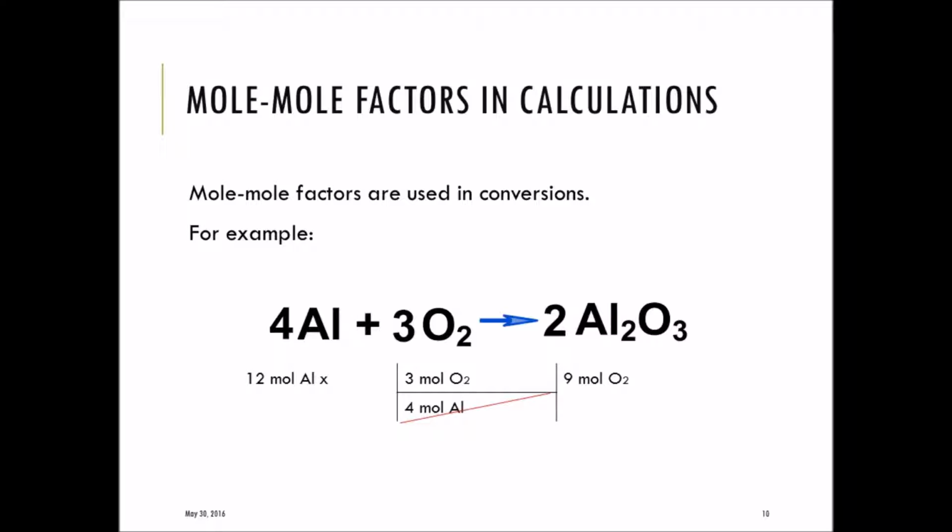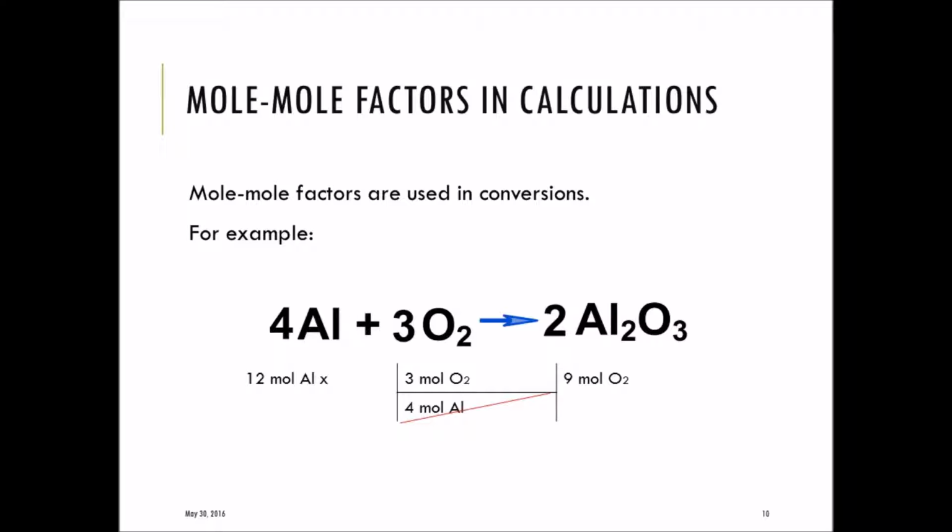In this case, you are seeing on your screen a balanced equation between aluminium and oxygen molecule that produces aluminium oxide. In this equation, you can see that the relationship between aluminium and oxygen molecule is 4:3.